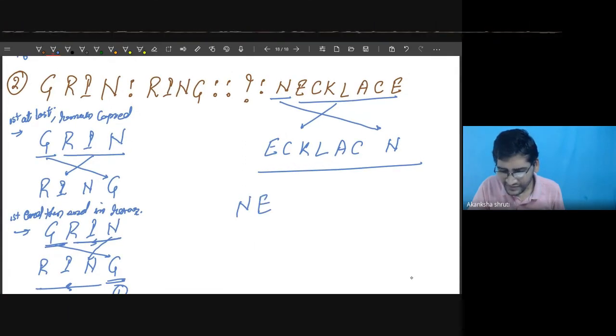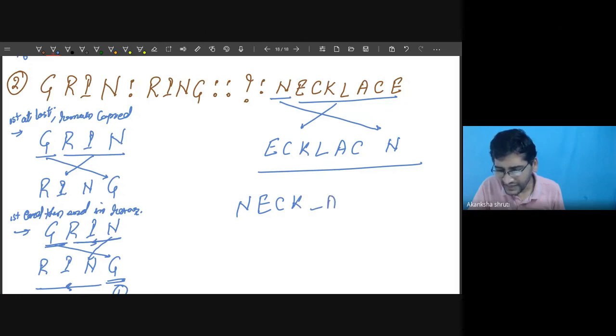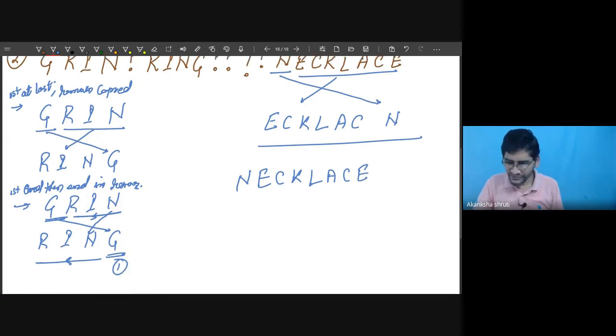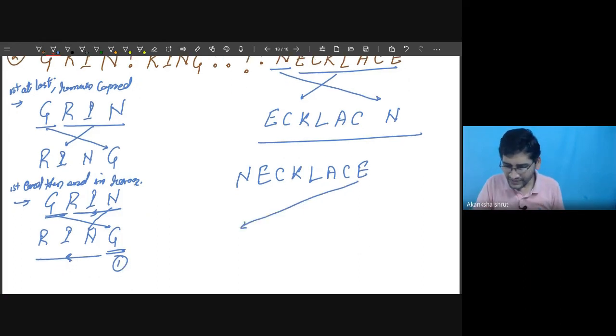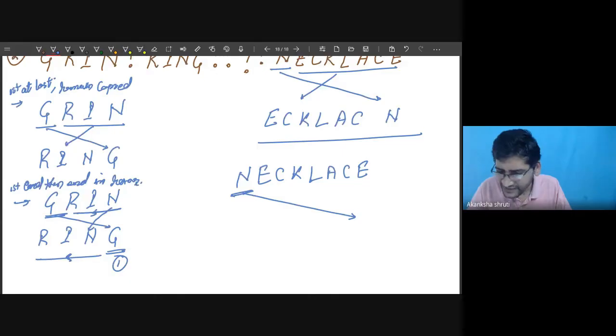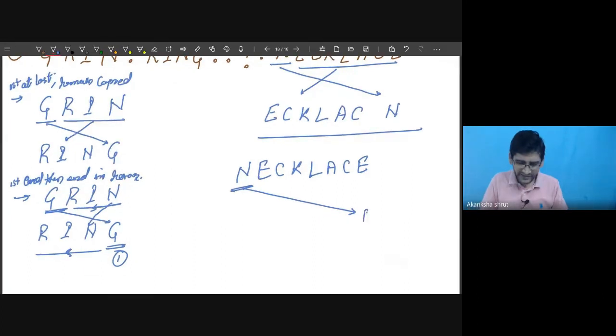NECKLACE. So first E have to put at the beginning, or this N we have to put at the end. Student, here we have developed the concept or the analogy that the very first should be put at the end, then we shall start from the end. Put at the end, say N. Then for the remaining set, the last one we have kept just before this.